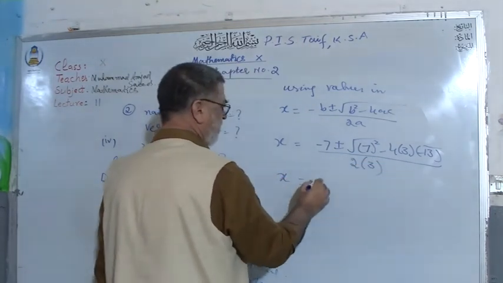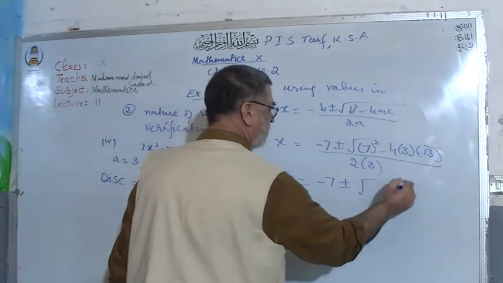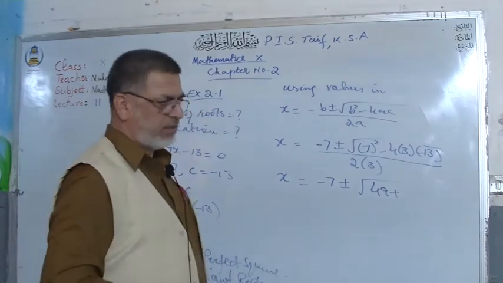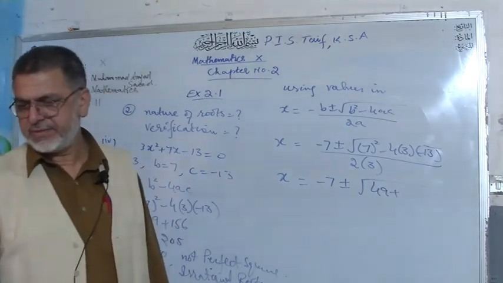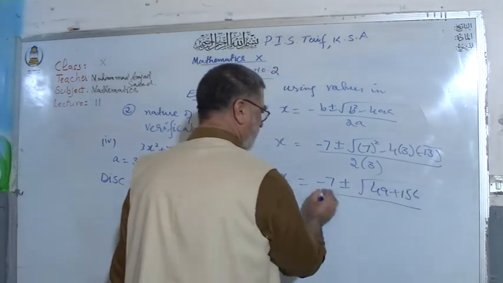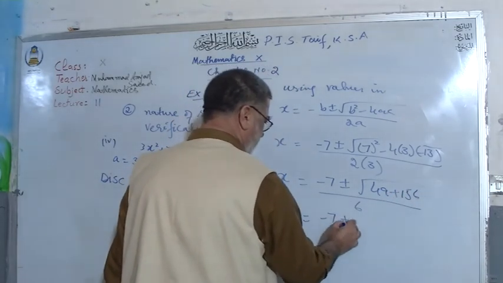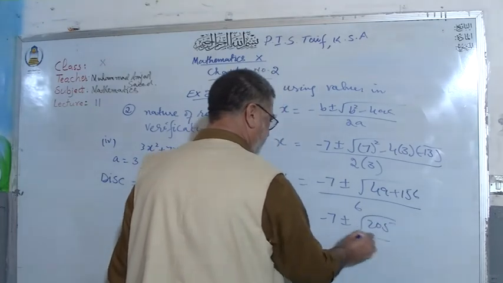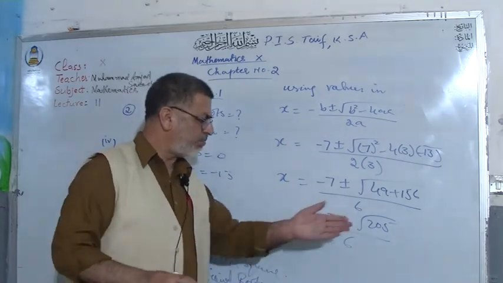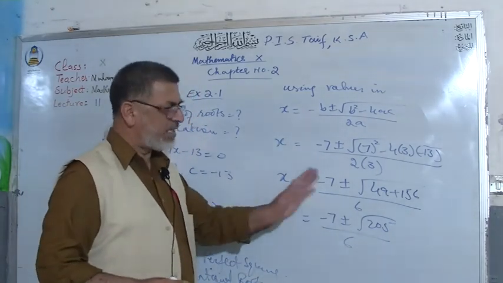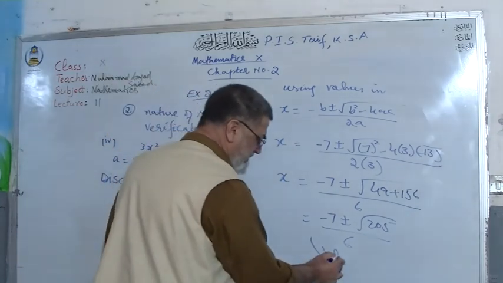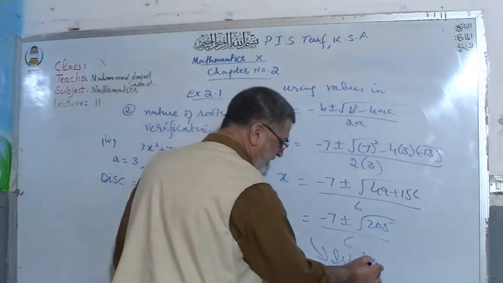Here x is equal to minus 7 plus minus square root of 49 plus 156 over 6, minus 7 plus minus square root of 205 over 6. You can check, this is a radical sign, this is an incomplete square root, so the radical sign will remain there. So that's why, yes, it is confirmed that roots are irrational.